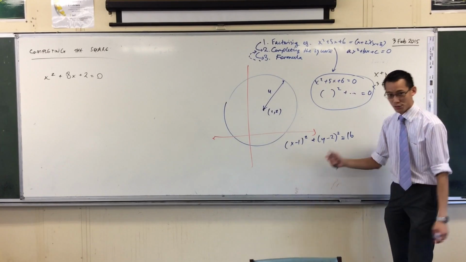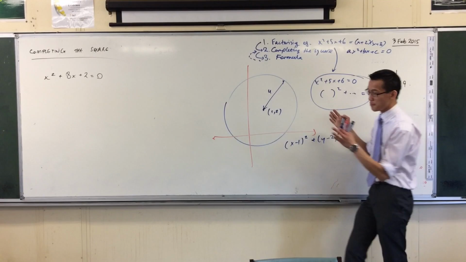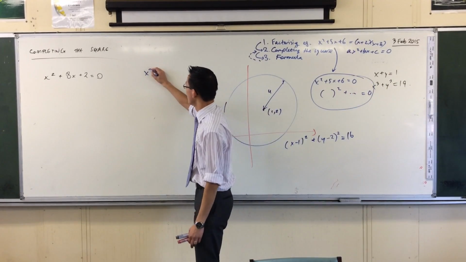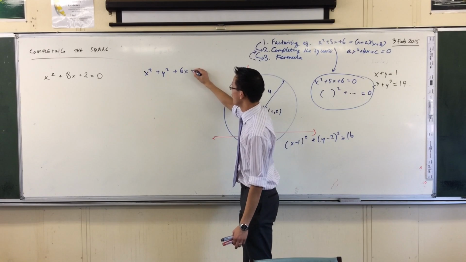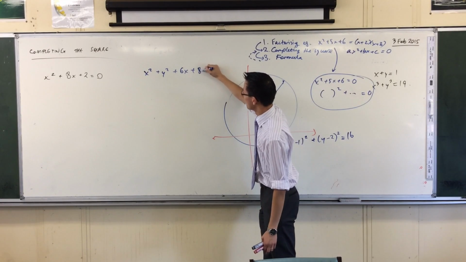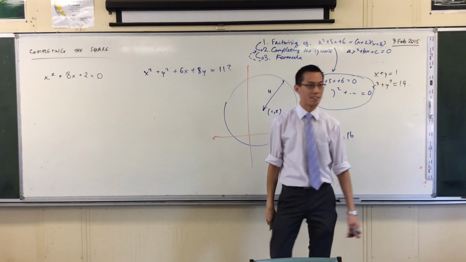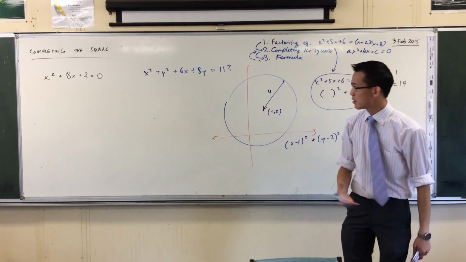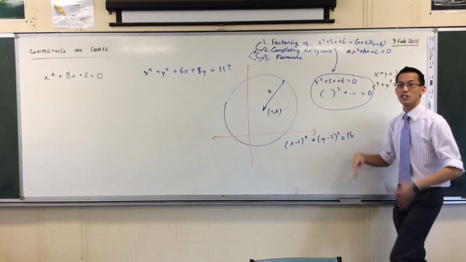But usually you don't get it nice and neat. You get some unmitigated disaster like this: x squared plus y squared plus some random number of x's, and some random number of y's, and some number over there. So what you have to do, recognizing that this came from this, is disentangle it.